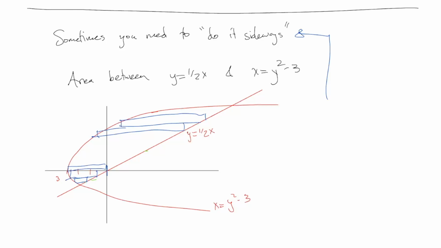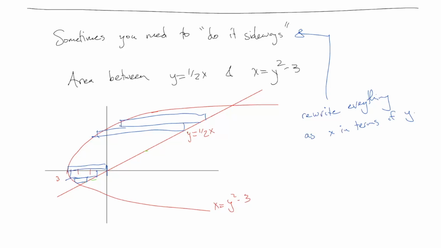The idea is, this is maybe easier than it sounds, you just rewrite everything as x in terms of y, rather than y in terms of x. This is what it means to do it sideways. You just imagine that you interchange the roles of x and y throughout the whole thing.